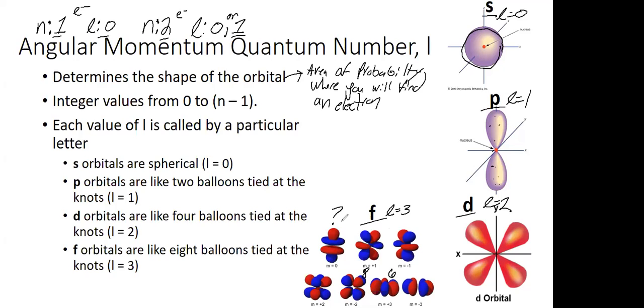So as you get to higher and higher quantum numbers, the shapes you can be in become more and more complex. But basically, you're never going to have an L greater than 3. The f orbital is generally where you stop. There are elements that are bigger than that, but we're never going to talk about them.